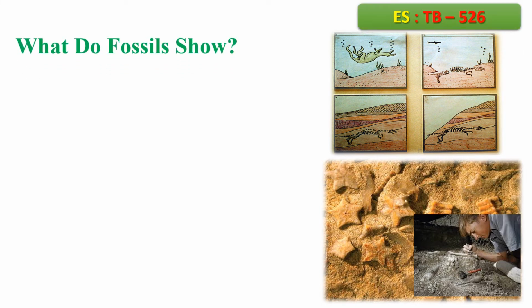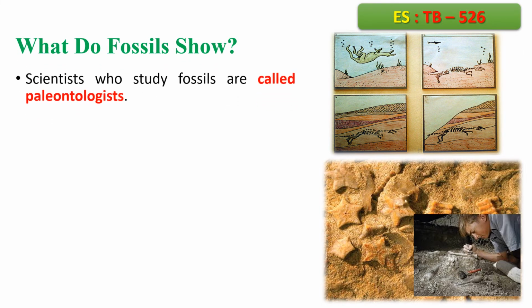What do fossils show? Scientists who study fossils are called paleontologists. Look at the diagram. A scientist observes some fossils and collects some data. That data is called fossil records.